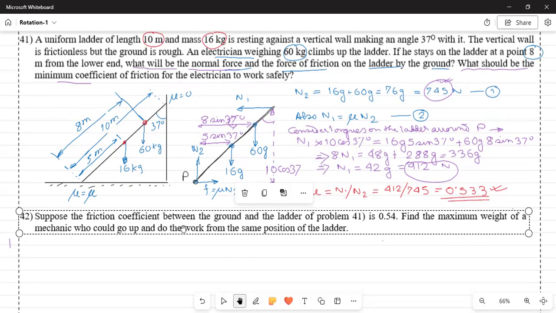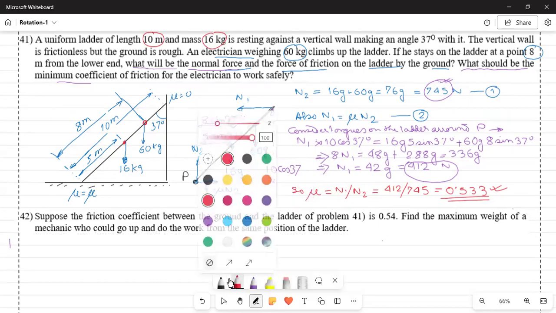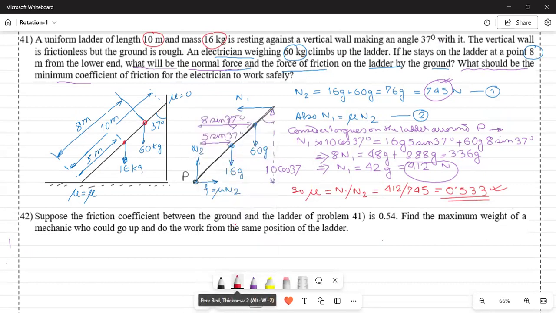Suppose the frictional coefficient between the ground and the ladder in problem 41 is 0.54. That means it is less than the required friction coefficient. Obviously, if the frictional coefficient is less than the required value, the ladder will start slipping down.